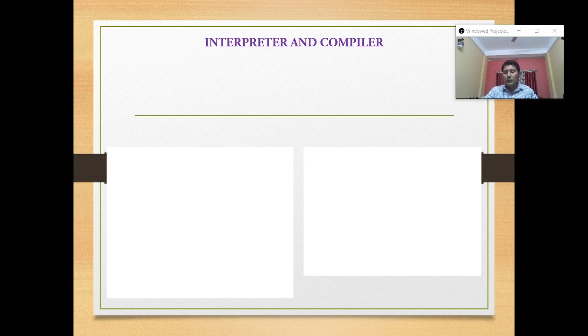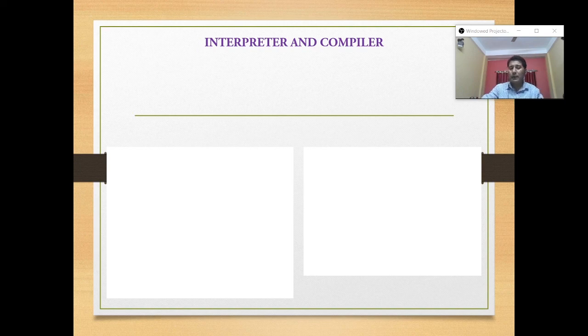Unless you have a translator, it becomes very difficult for them to communicate. So we need a translator who understands both English and Hindi, so that if one talks in English, he can convert it into Hindi and explain it to the other person, and vice versa.